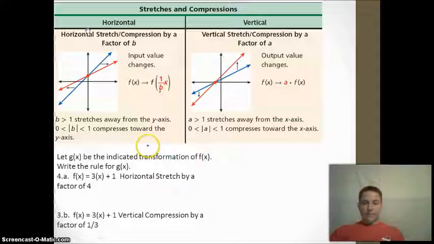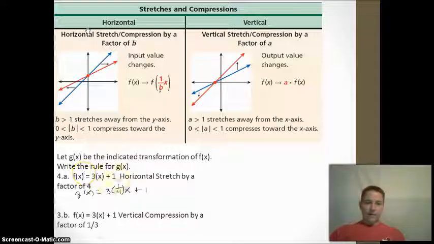Okay, so here's a couple of examples. First, we'll do a horizontal stretch by a factor of 4. So what we do is take this factor and we only change this piece right here of the function. So to get g of x, we take 3 times 1 over b, which is our factor, times x, plus 1 out here.